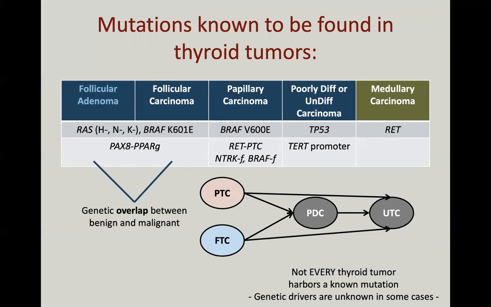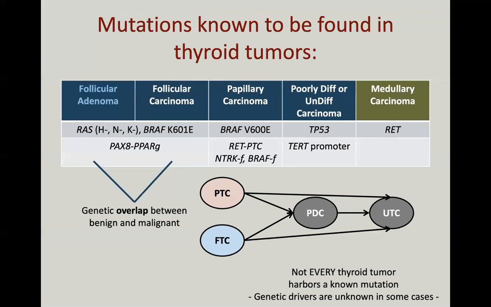More often, it's a second line in differentiated cancers, but in undifferentiated or anaplastic cancers, it has been used as first line therapy. So some of you may remember the case we had not too long ago of a BRAF mutated anaplastic that was treated with dabrafenib, vemurafenib, whatever. So yes, absolutely. As long as it's the V600E mutation specific, it can be a recipient of targeted therapy. Thank you.